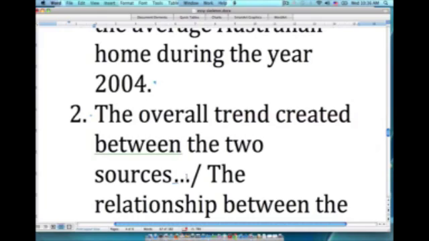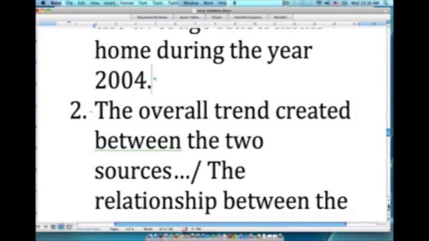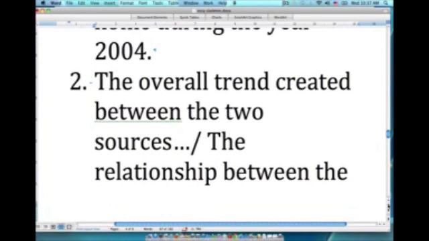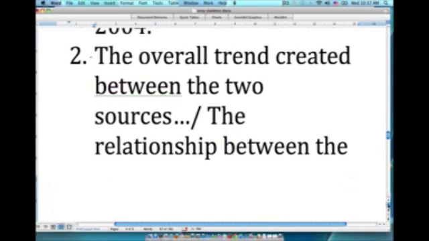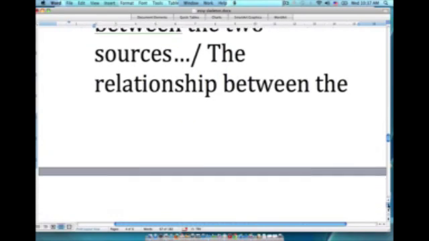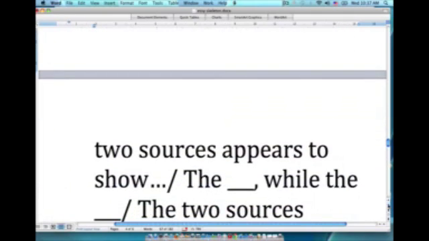You're just trying to explain what the two sources together show. So the overall trend created between the two sources shows or illustrates, or perhaps you could start the relationship between the two sources appears to show.